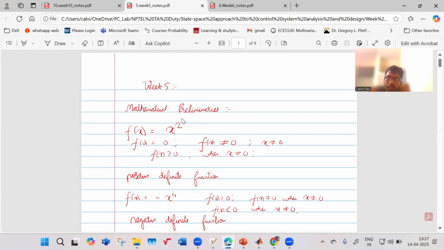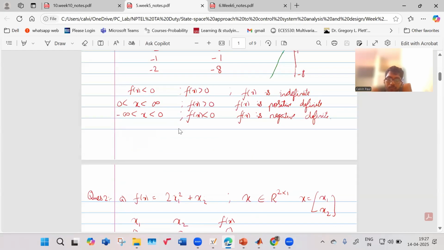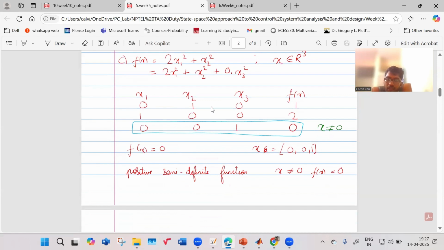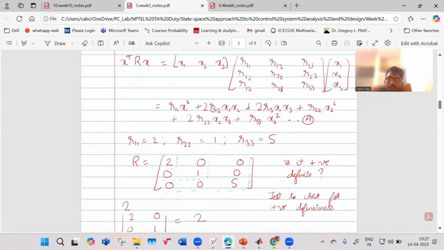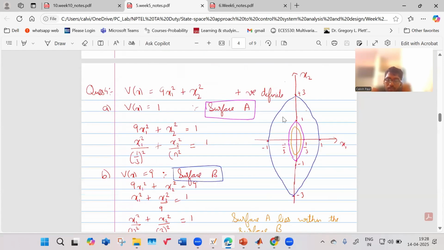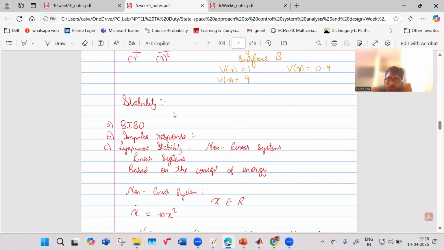What is a positive definite function? What is a negative definite function? Then what is semi-definite, positive semi-definite? How do we represent a positive definite function in terms of a matrix, a quadratic expression? Then the concept of a surface. Then what is the concept of stability, bounded input, bounded output, impulse response, Lagrange stability, etc.